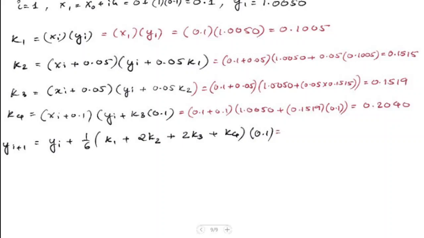Now we have to calculate the value for y2.